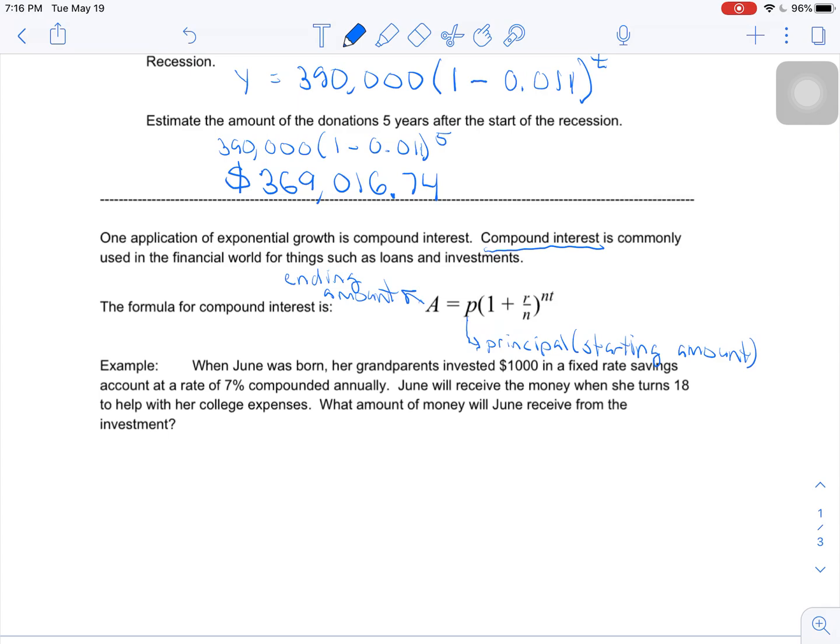So what changes is that now we've got some division happening here and some multiplying. So we introduced this N in there. N is the number of payouts in a year.